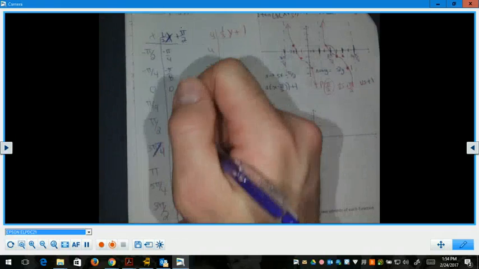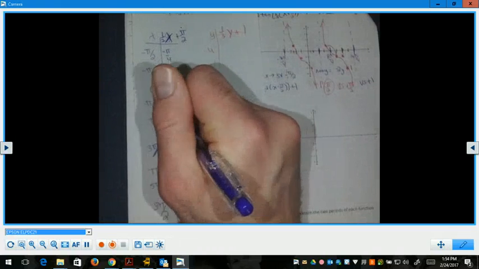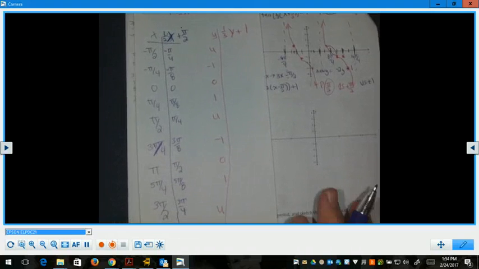The next two are going to be just the opposite signs of the previous two. This will be 3π/8, π/2, 5π/8, and 3π/4.